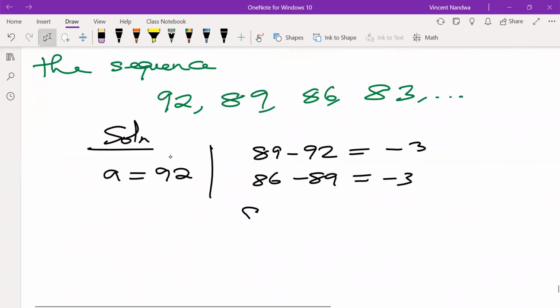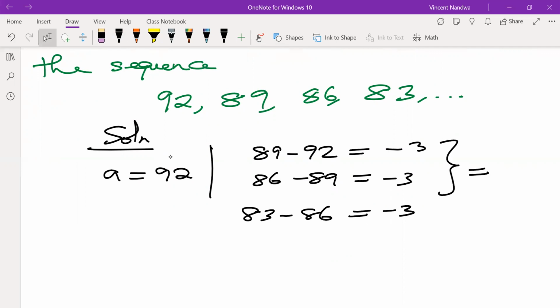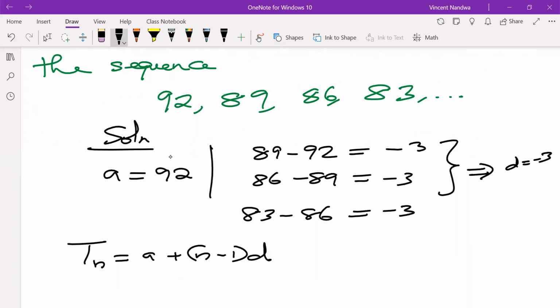Similarly, 83 minus 86 gives us minus 3. So our d is minus 3. So this is an arithmetic sequence, whose nth term is given by a plus n minus 1 times d.